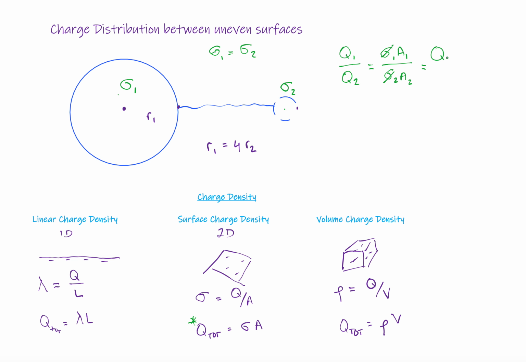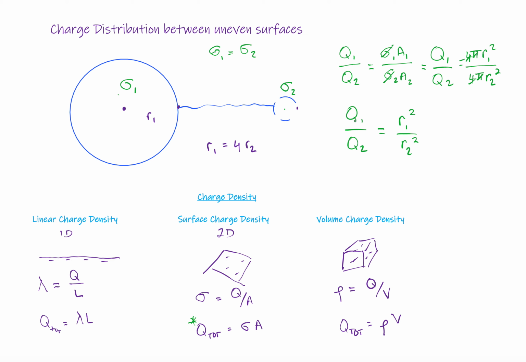So Q1 over Q2 would be 4 pi r1 squared, and then for this one, again, the area is 4 pi r2 squared. And so if the 4 pi's cancel out here, we see that the ratio of the charge on sphere 1 to the charge on sphere 2 is proportional to the ratios of the radii.